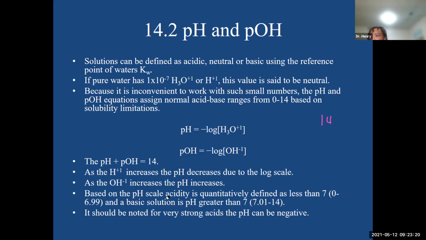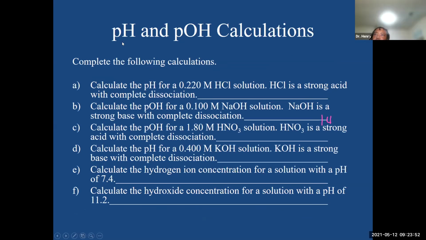If our pH is 0 to 6.99, we say it's acidic, because you have more H plus ions than OH ions, okay? If our pH is greater than 7.01, then we have more what? Base, hydroxide. Okay, let's see if any of it made any sense.